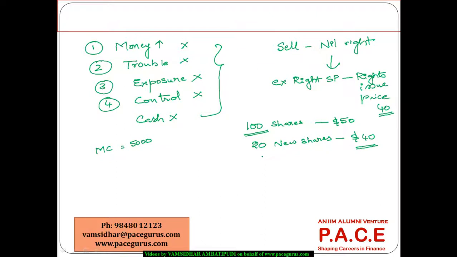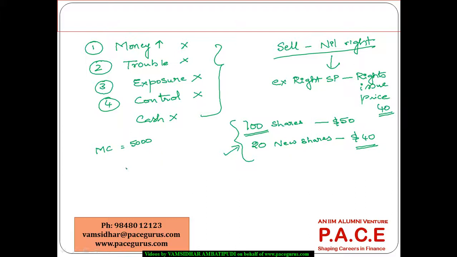And now in case I'm not interested as a shareholder in exercising this right, I can sell my nil paid right. Now first of all, after this rights issue, what is the ex-rights share price going to be?